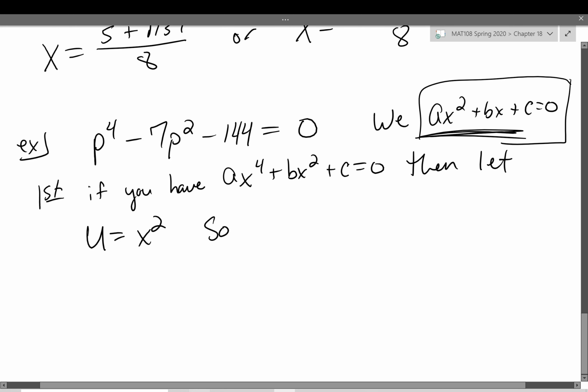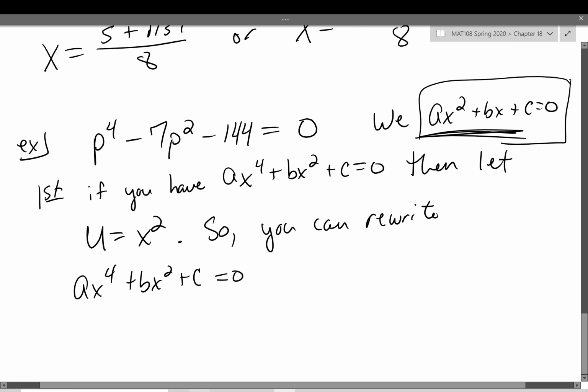So you can rewrite ax to the 4th plus bx squared plus c equals 0 as, and you ready for this? au squared plus bu plus c equals 0.